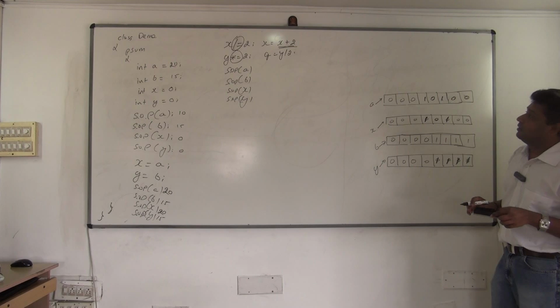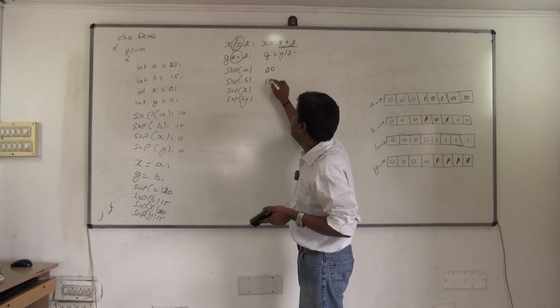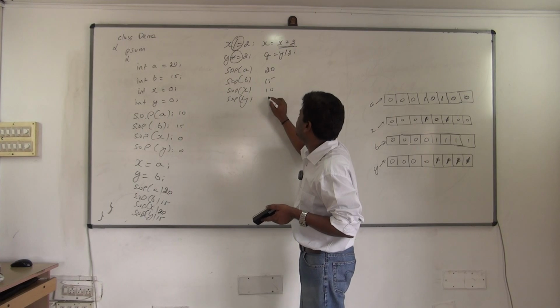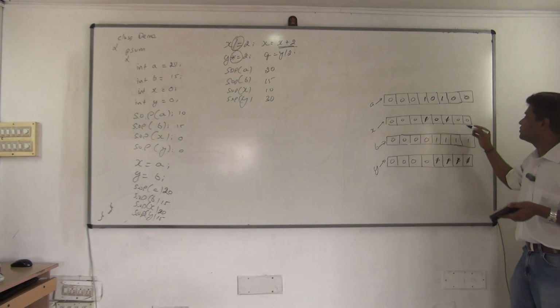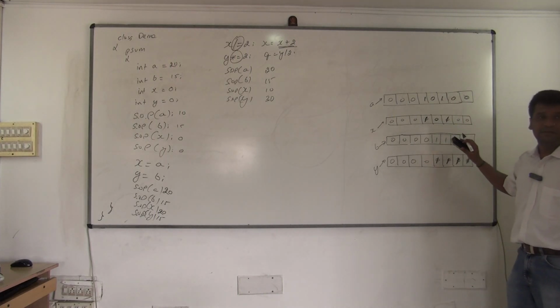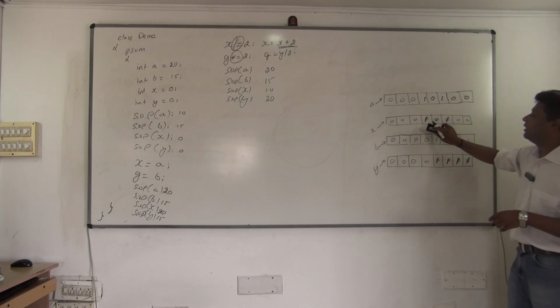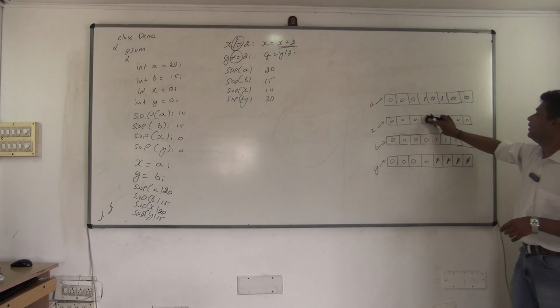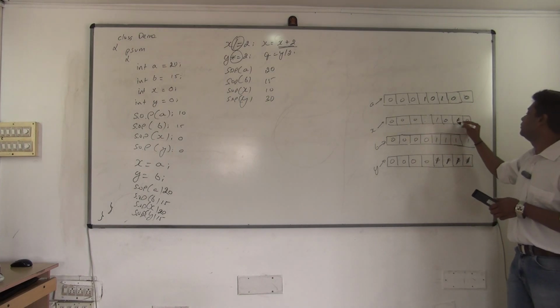So see, SOP A will be 20, B will be 15, X will be 10, Y will be 30. Understood? So X has got 10. How is 10 written in binary? 1010. Earlier the value of X was 20, but later on it becomes 1010.